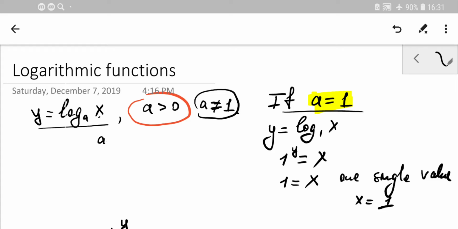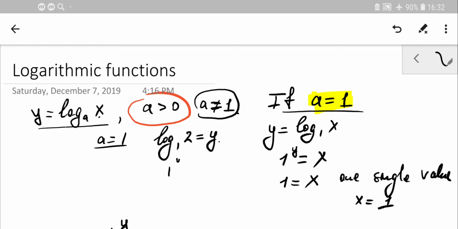Let's say a is 1, and we have log with the base of 1 of, let's say, 2. We want to calculate this value. Pretend that we don't know it, but log with the base 1 of the number 2 is equal to some number y that we want to find. Let's go to exponential form.